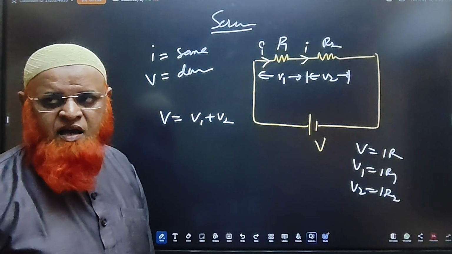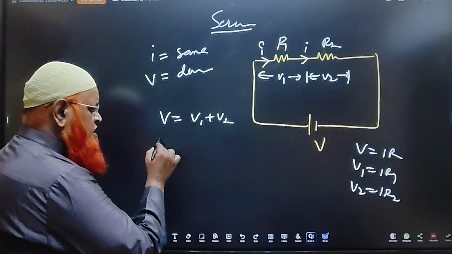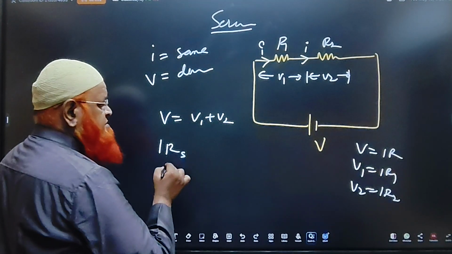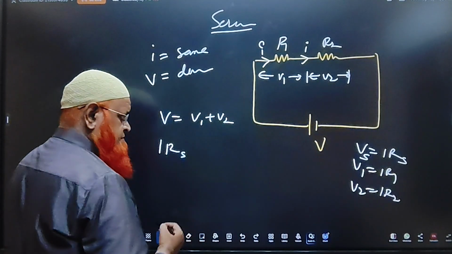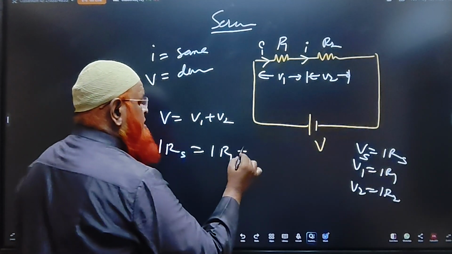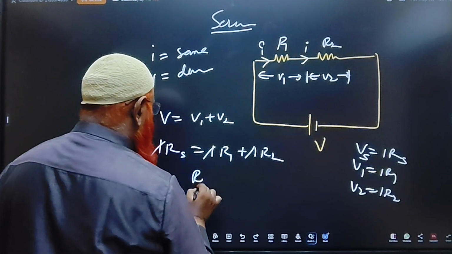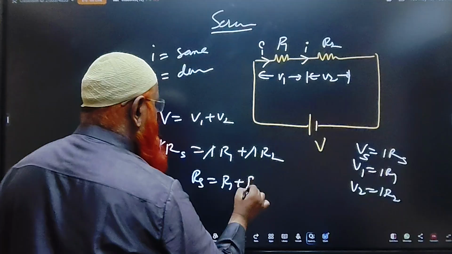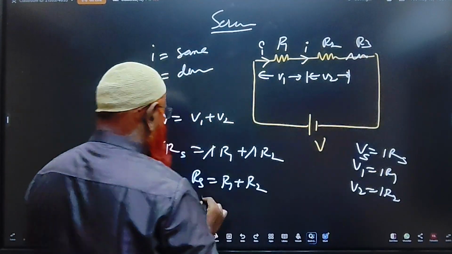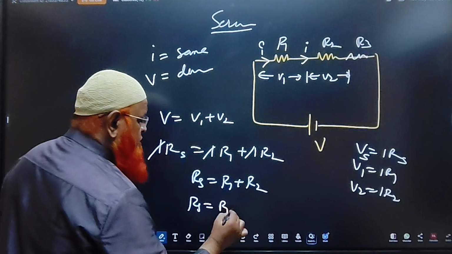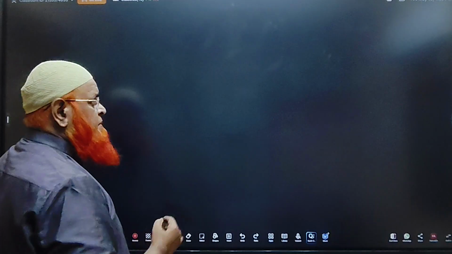There is no other way for current to go; it has to pass through a single wire. So V series is nothing but I into R series, and this is I into R1 plus I into R2. So I gets cancelled, and R series becomes R1 plus R2. If one more resistance R3 is added, R series is going to be R1 plus R2 plus R3. That is the basic concept here.